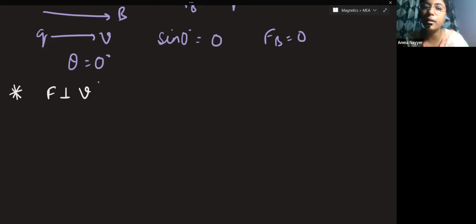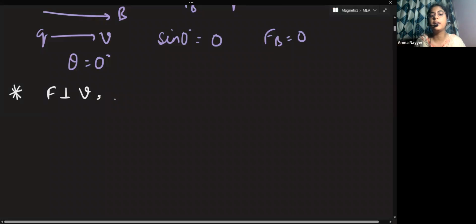With that, can you relate? What will be the angle between force and displacement if force is perpendicular to velocity? If the force and velocity are perpendicular, then obviously the angle between force and displacement will also be perpendicular. Means the angle will be 90 degree.